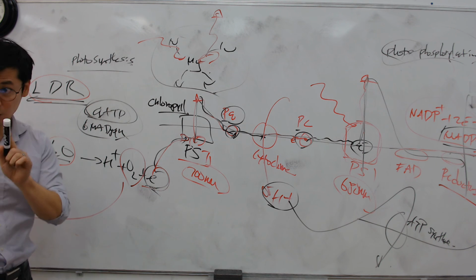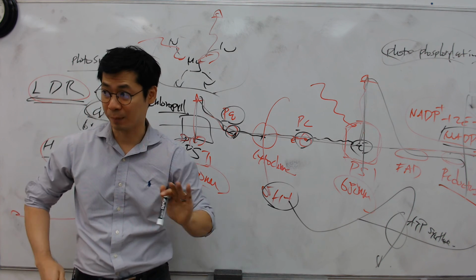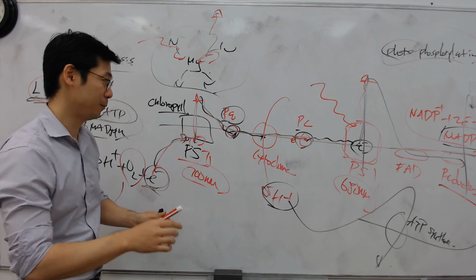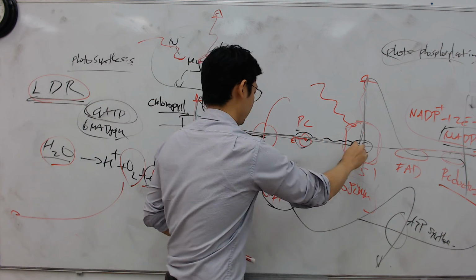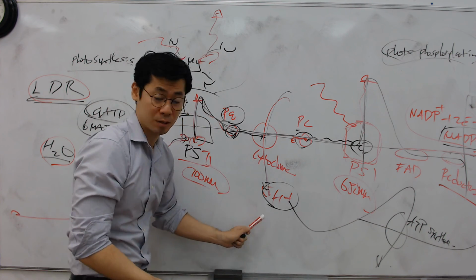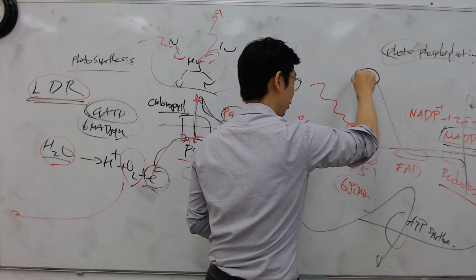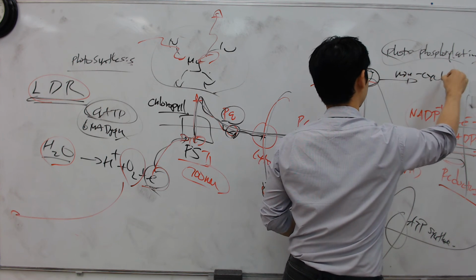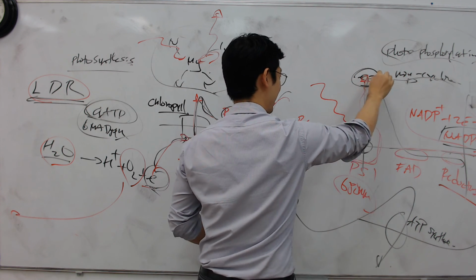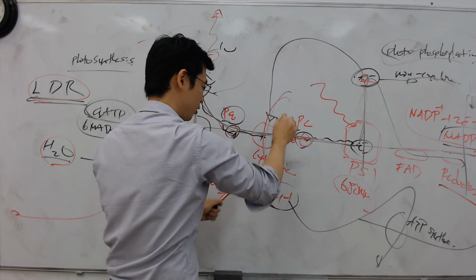You gotta know this, guys: they can make this into a cycle. Listen carefully. The electron gets handed down, and H plus pumps in. From here, this sequence is non-cyclic. But the electron here can be passed back into the cytochrome.